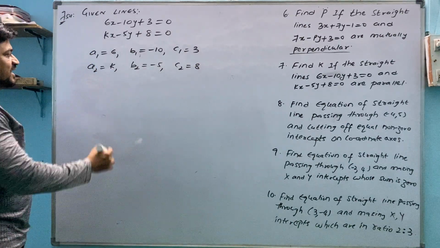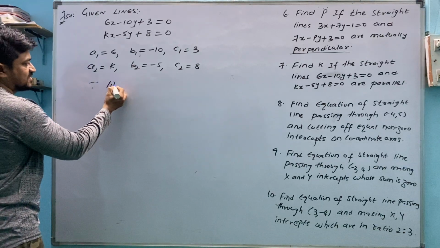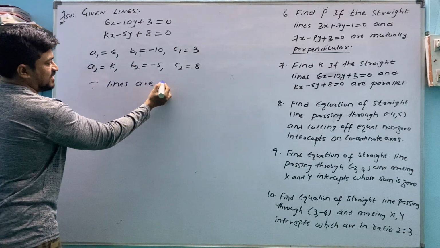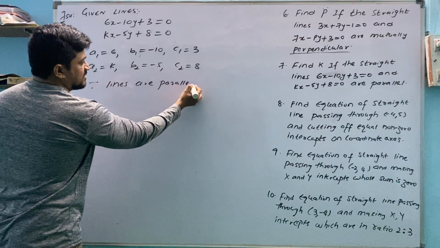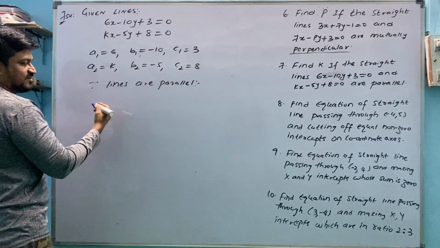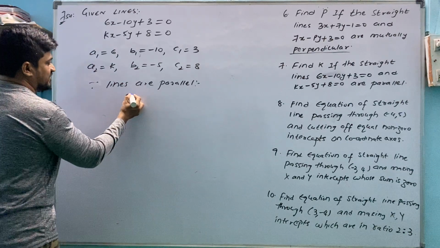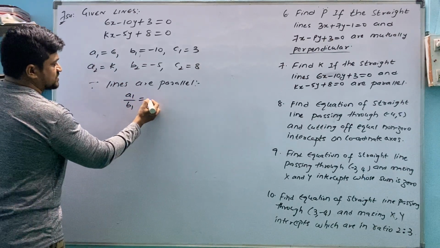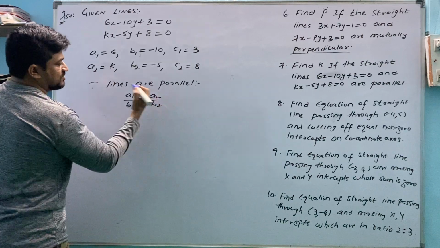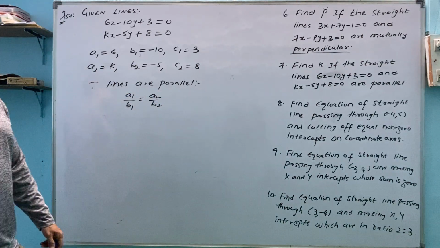We have lines that are parallel. Since the lines are parallel, we have two formulas: m1 is equal to m2, or a1 by b1 is equal to a2 by b2.